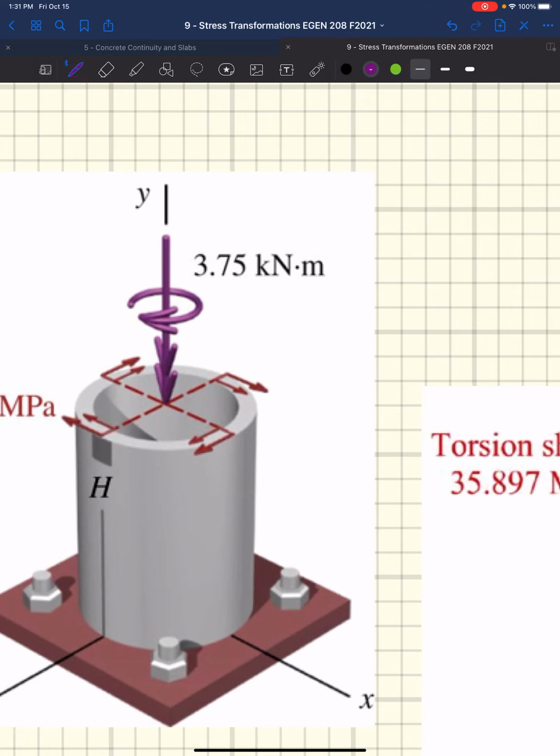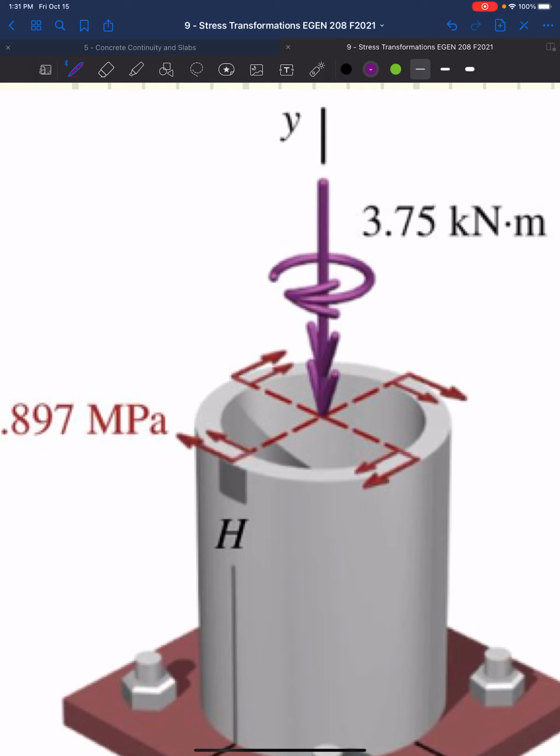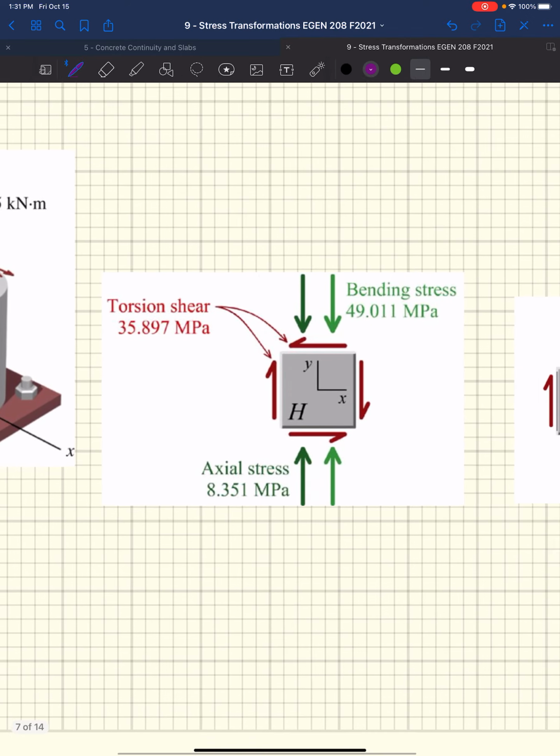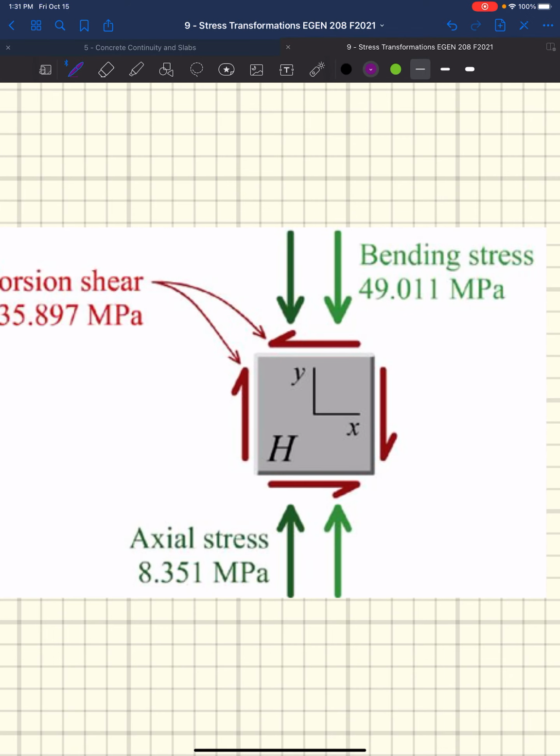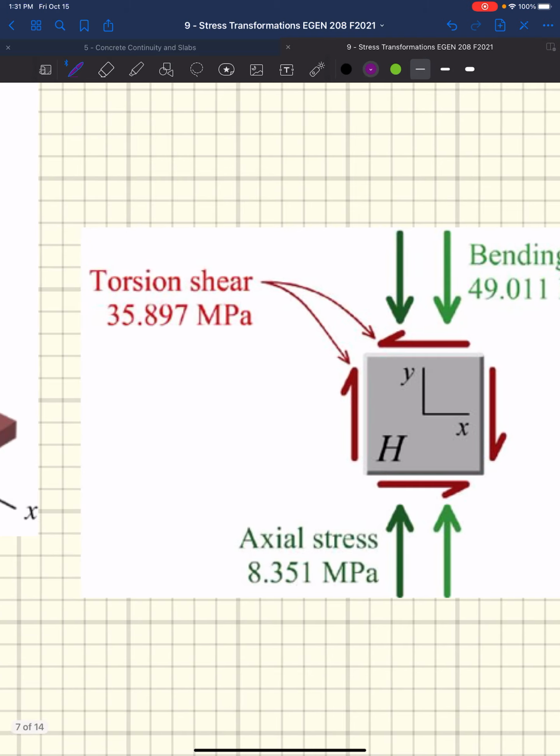And all of those act at, say, this arbitrary point H on our pipe, okay? And so if we looked at a stress block at our point H, we've got these shear stresses. Well, we know from bending and axial load, we're not going to get shear stresses out of those initially, okay? We'll talk about that in a bit too, but for now, no shear stress comes from those two load sources.